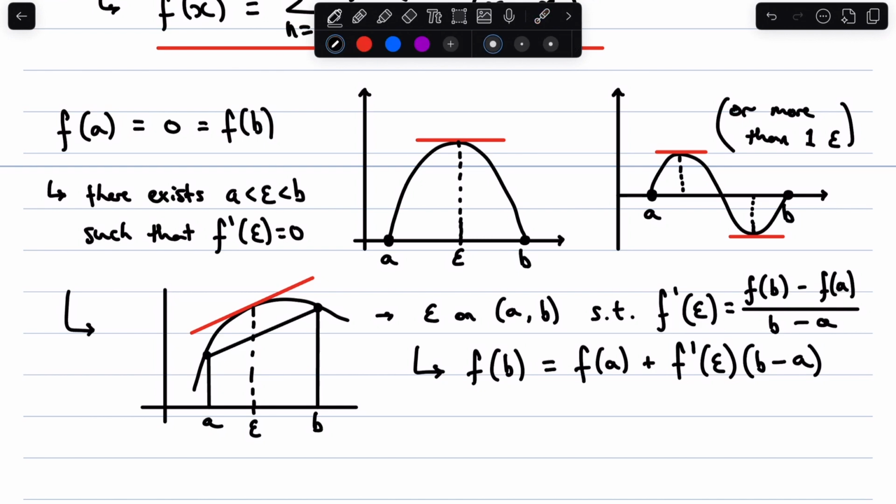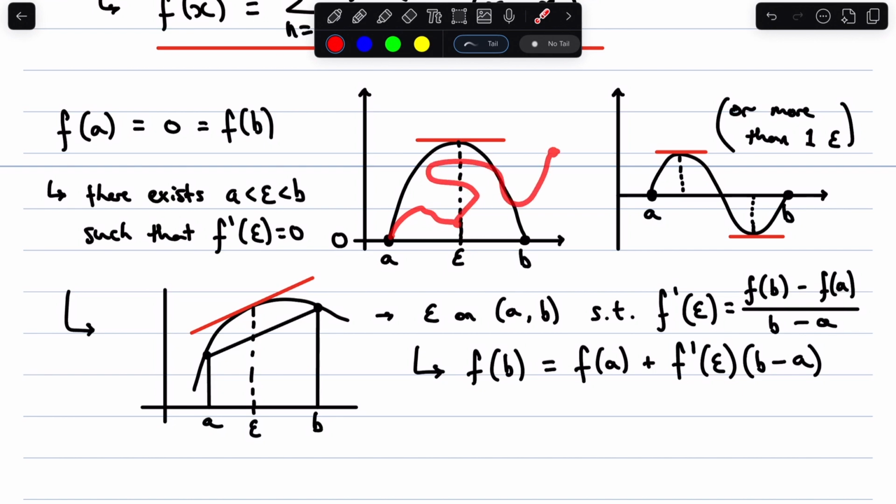So I should probably write that this is our y equals 0, or f equals 0, line. So if both of these points, a and b, are zeros, and our function is continuous and differentiable, there must exist an epsilon between a and b where the gradient is 0.